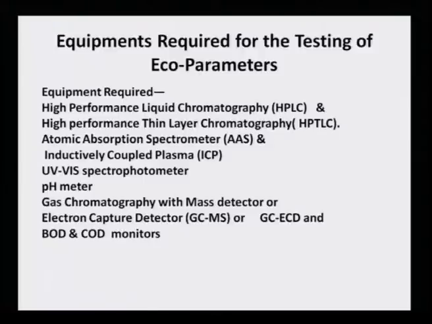Atomic absorption spectrometer AAS, a little while ago we were talking about that, and inductively coupled plasma, that is ICP spectrometer, UV-VIS spectrophotometer, pH meter, gas chromatography with mass detector or electron capture detector, that is GCMS or GC with ECD, and BOD and COD monitors. These are mandatory equipments that should be present in an analytical laboratory which is used to analyze eco parameters.